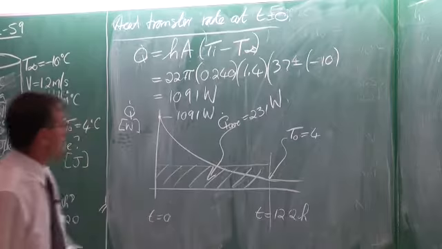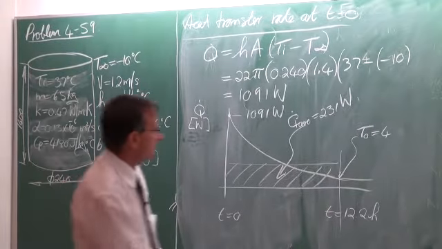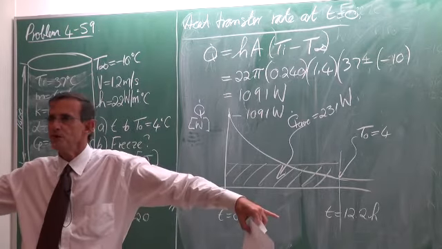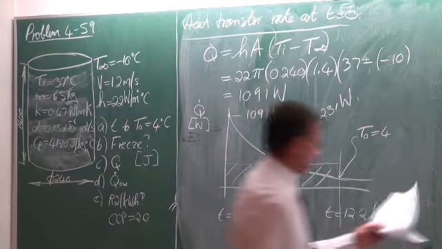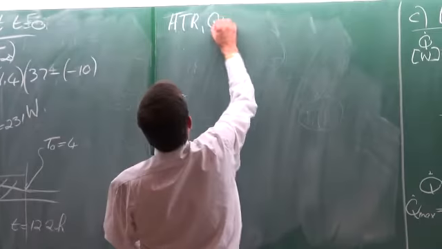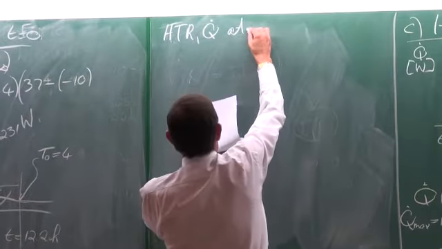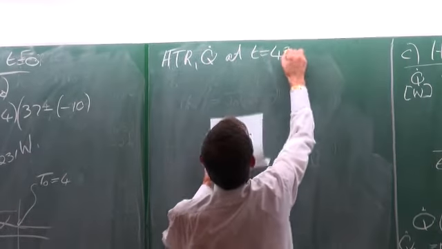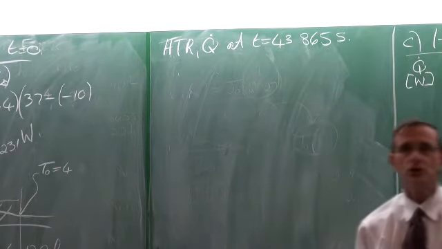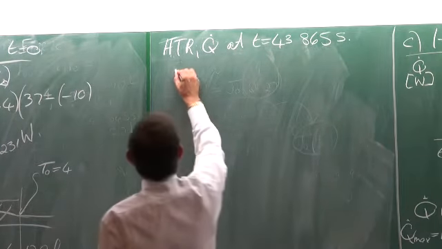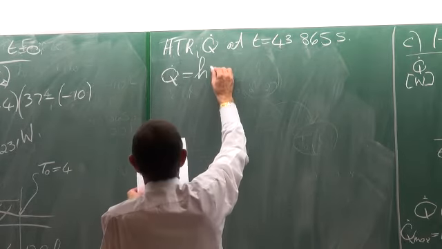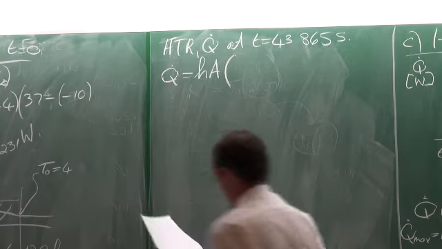And what we can also do is we can actually now calculate what is the heat transfer rate at that point there also, because we have the temperature on the surface. Okay, so the heat transfer rate, or Q, at 43,865 seconds, okay, after 12.2 hours, then the heat transfer rate be equal to the heat transfer coefficient multiplied by the area.